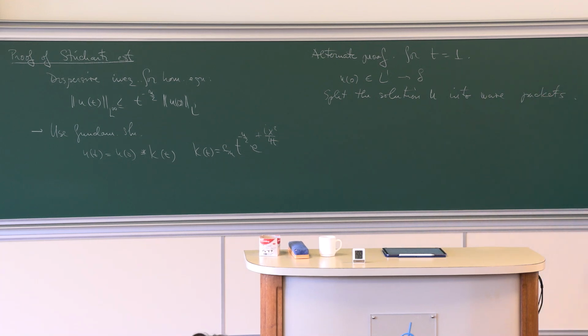And to split my solution into wave packets, we saw how wave packets are constructed. You start with a coherent state as initial data, and then you look at the solution and hope that the solution stays coherent up to a certain time.